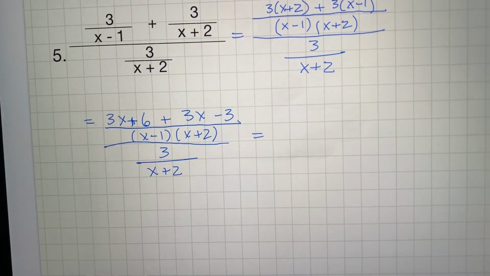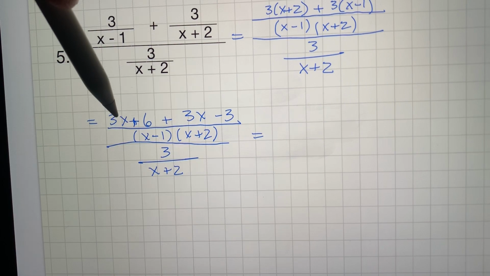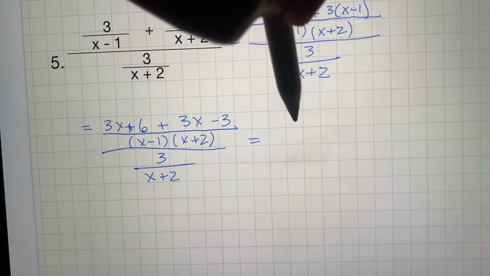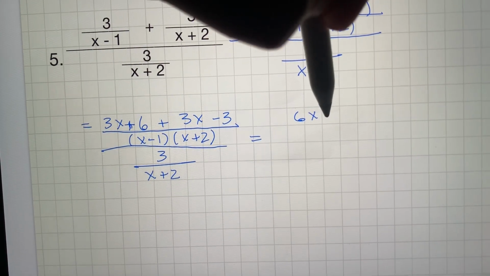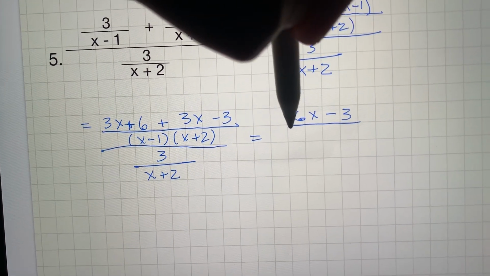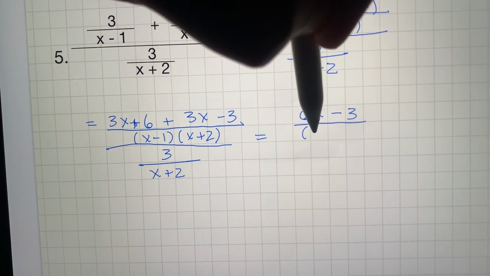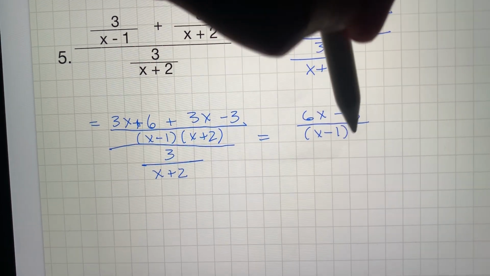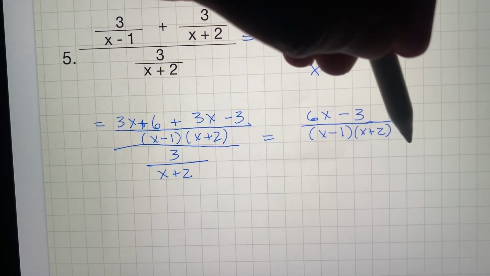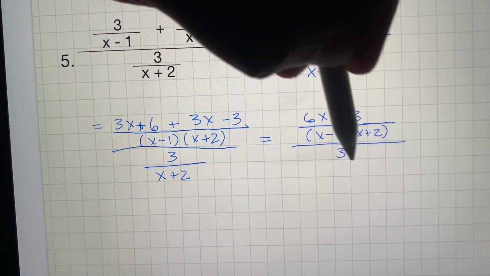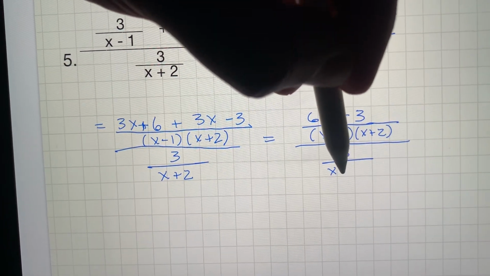That is the same as saying 3x plus 3x is 6x, plus 6 minus 3 is plus 3, over x minus 1 times x plus 2, divided by 3 over x plus 2.